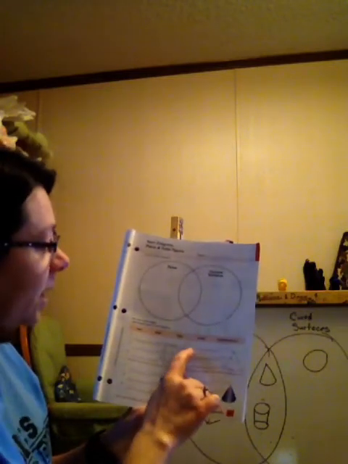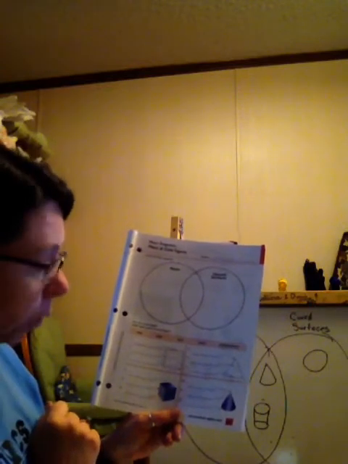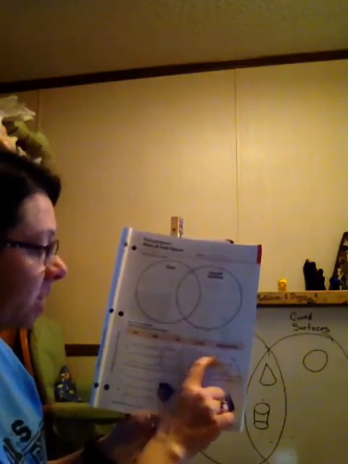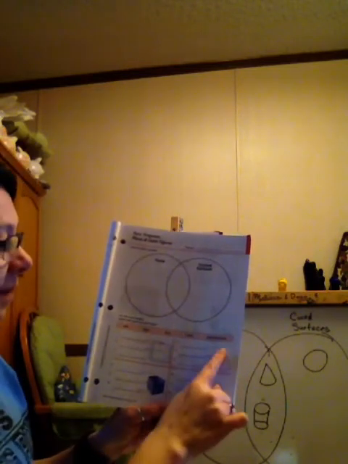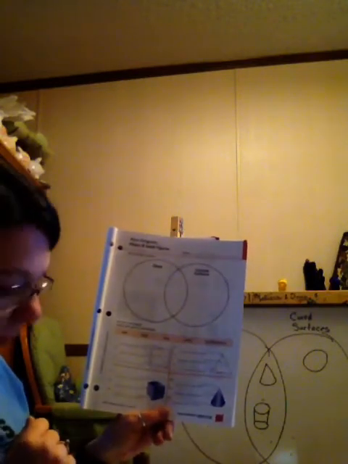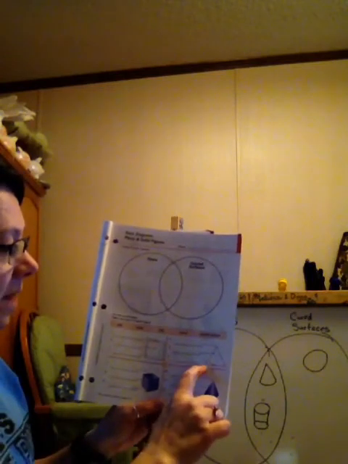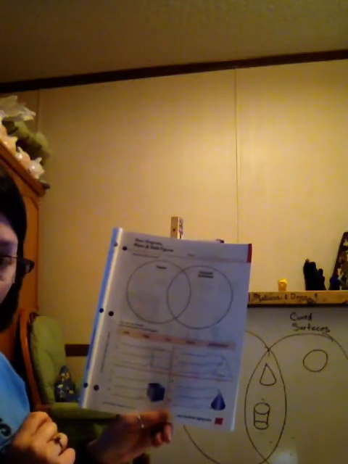So again, here, number 4, what is this going to be up here? It's going to be a vertex. So you need to write vertex on number 4. This is going to be what? It will be a face. And then what is this here? It is a side.